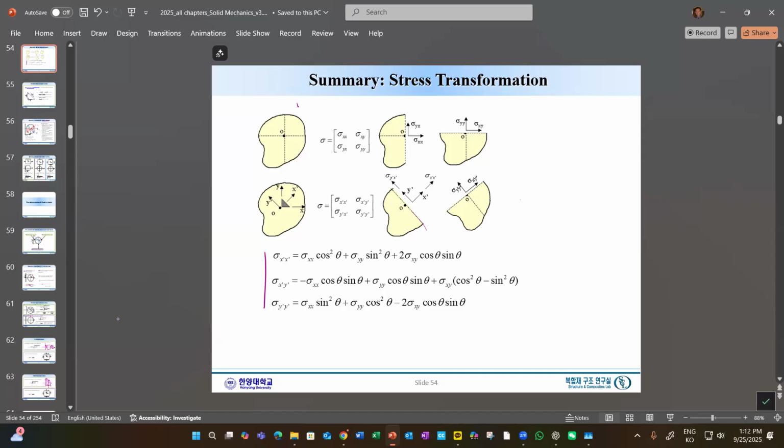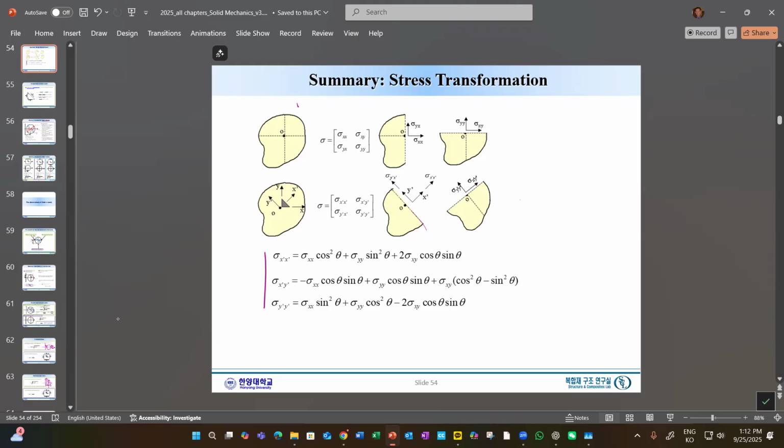Again, we have a body. In this case, we are considering only two-dimensional space, two-dimensional stresses, but nothing is actually two-dimensional. It is a part of a three-dimensional body.